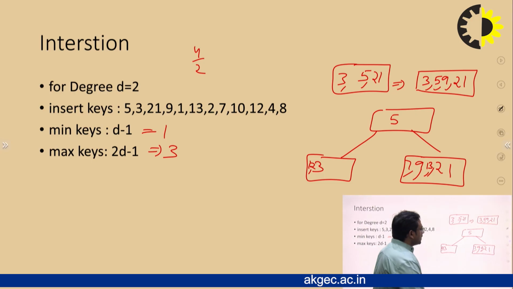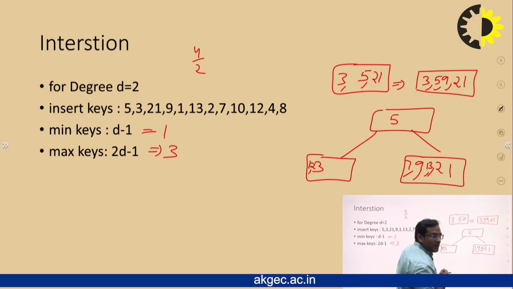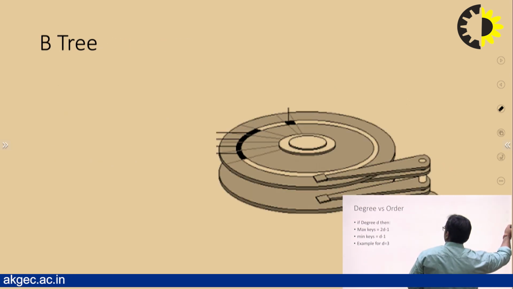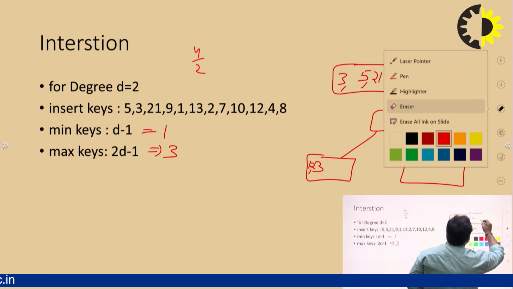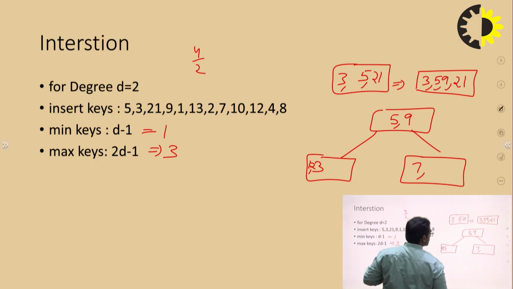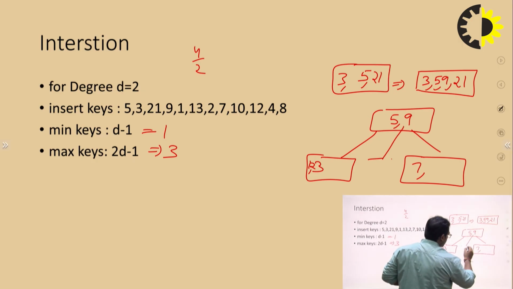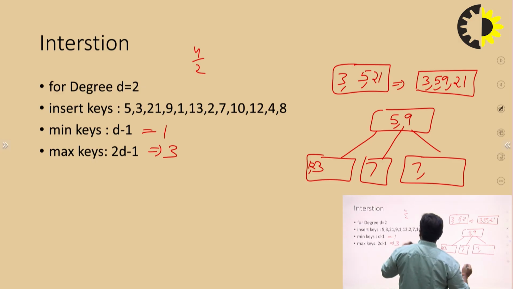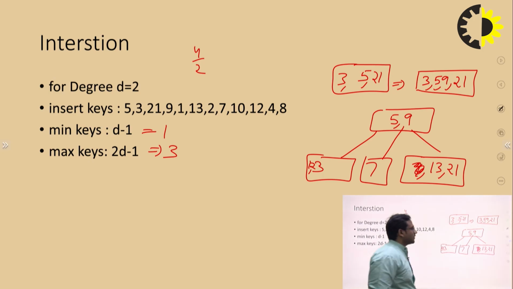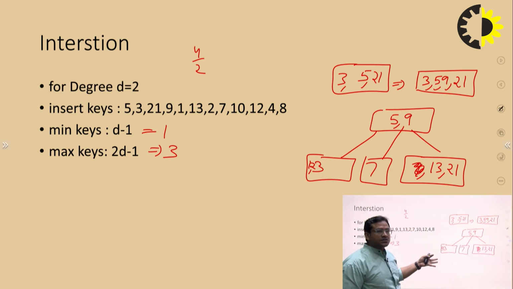So the second element goes to the upside. 9 goes up, 7 is here, 13 is correct and 21 is here. This is the way the split is done.